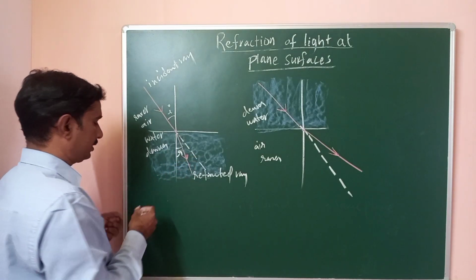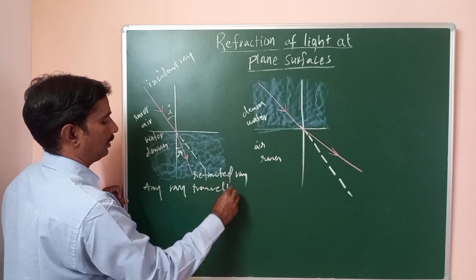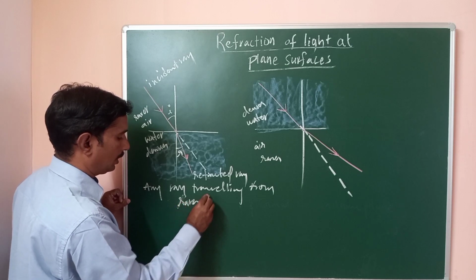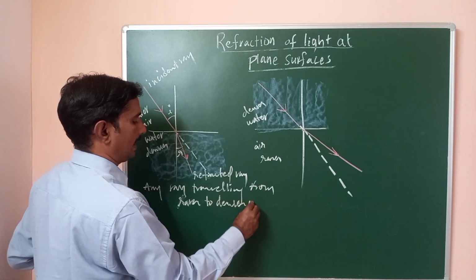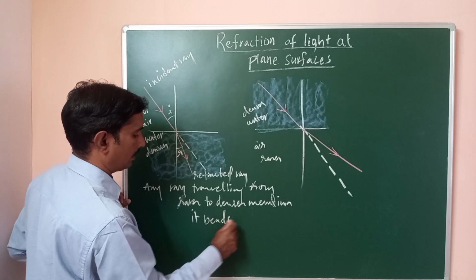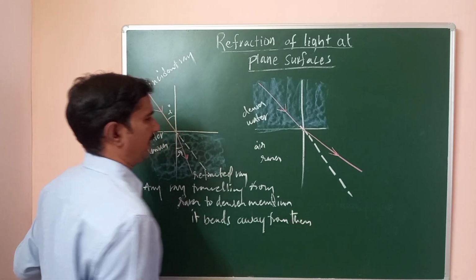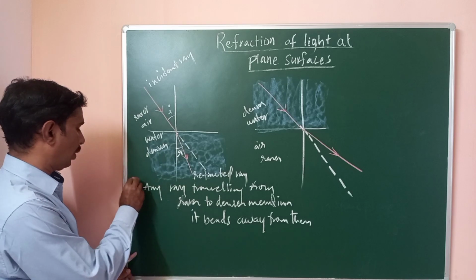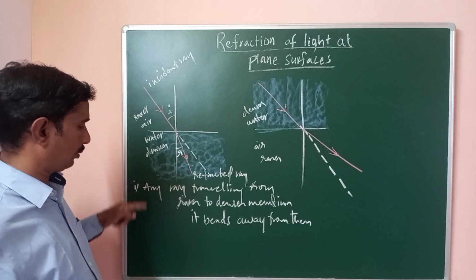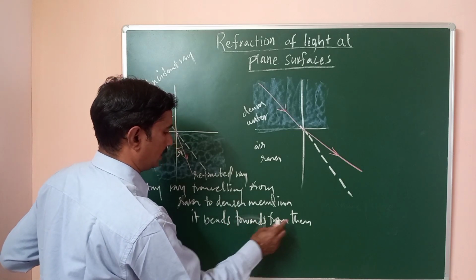The first point that we need to understand, which is very important: any ray traveling from rarer medium to denser medium, it will bend towards the normal.